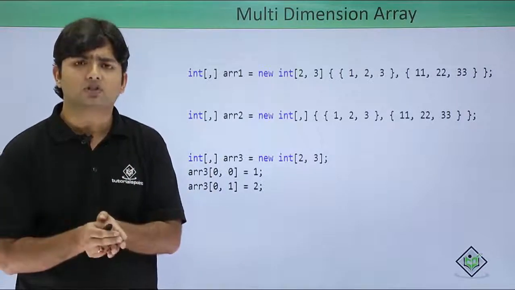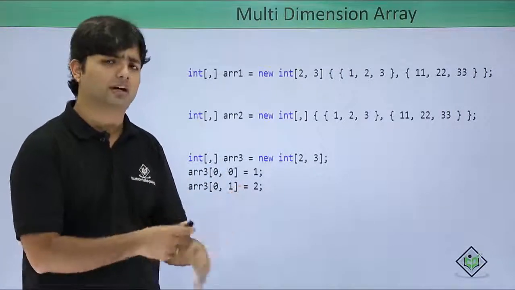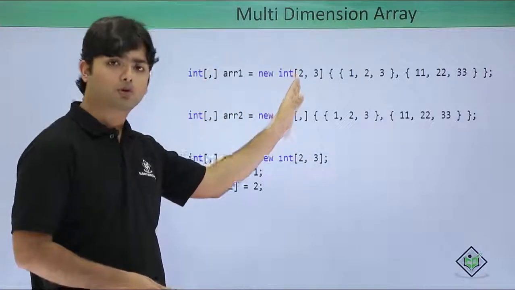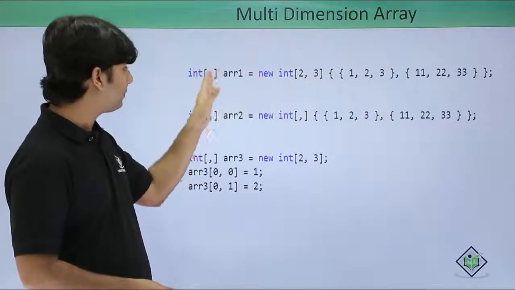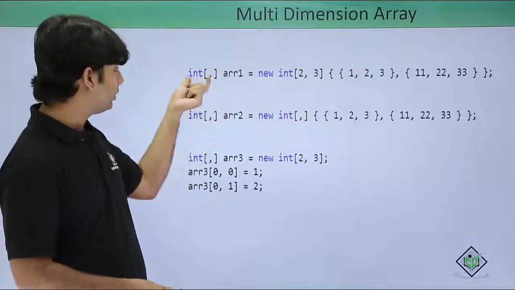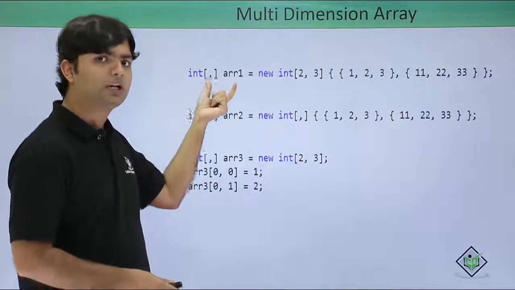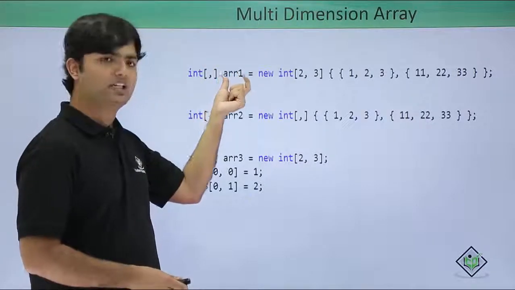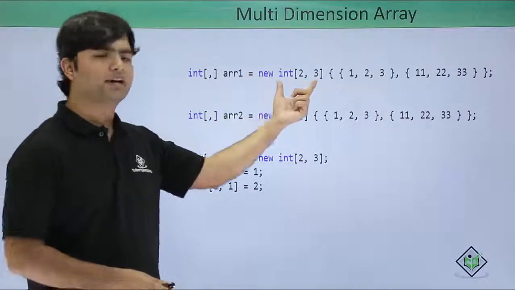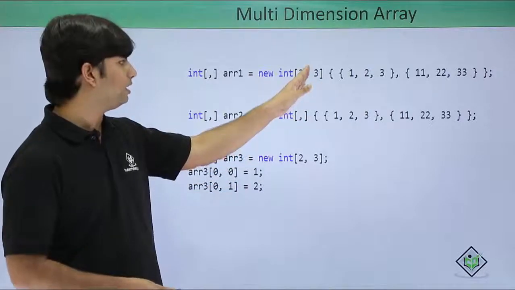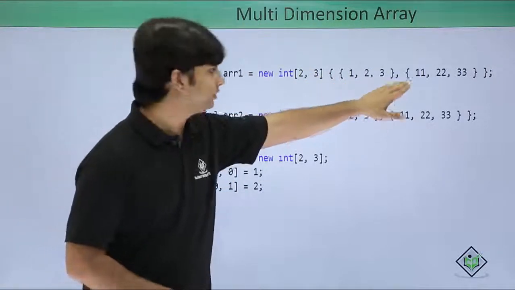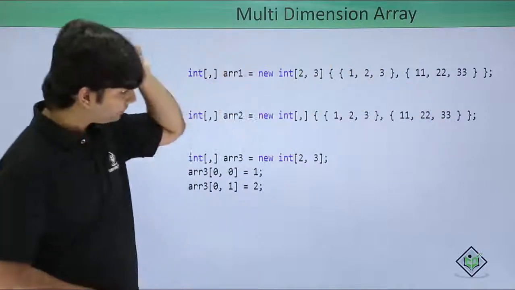In the multi-dimensional, I have taken a 2-dimensional array where you can specify the number of rows and columns by separating them with a comma. So here, this represents the multi-dimensional array, in this case 2-dimensional. ARR1 is the name of your array, and while allocating the memory, I have specified 2 rows, 3 columns. So first row 3 elements, second row 3 elements.